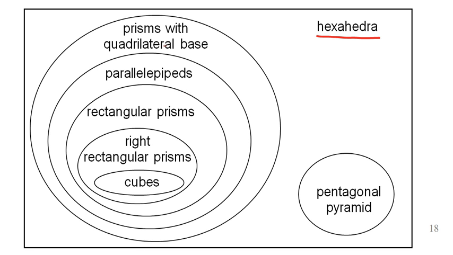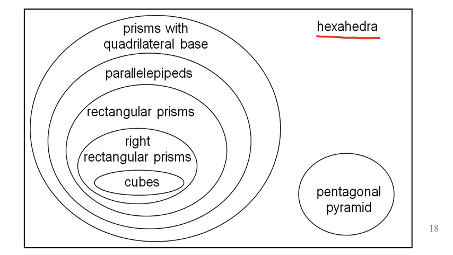Now, if the faces are all parallelograms, we get a parallelepiped. If the base is rectangular, it doesn't have to be right, it can be oblique, but if it's just rectangular bases, then we get rectangular prisms. Now, if I straighten up those sides and make them perpendicular to the base, then I get right rectangular prisms.